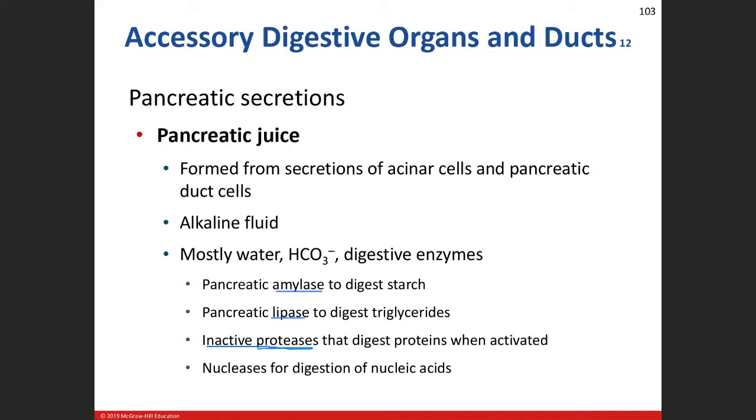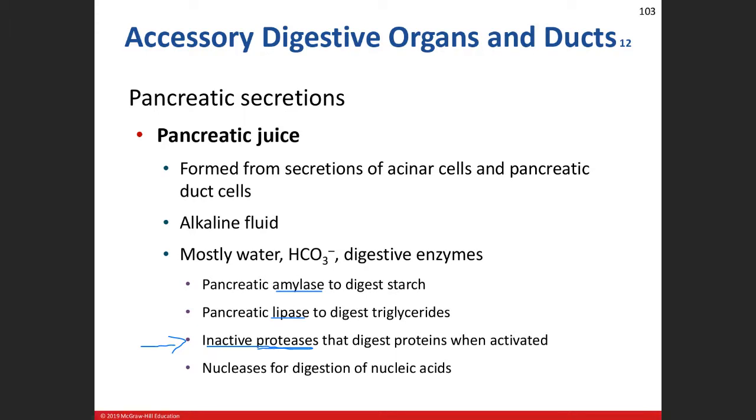We saw that in the stomach. Remember pepsinogen? The cell can't have an active protein enzyme inside of it. There's proteins all over the place. It'll start degrading all the proteins inside. So it's going to secrete inactive proteases, which will then be activated, and we'll talk about that.